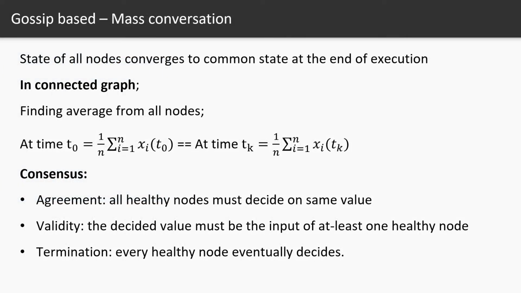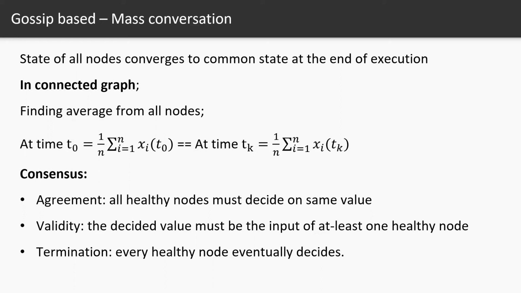So what is convergence in gossip-based algorithms? The state of all nodes converges to a common state at the end of the execution. So let's say in a connected graph, finding the average from all nodes at the initial time t0, the average of all nodes will eventually be equal at the final time where the execution ends.